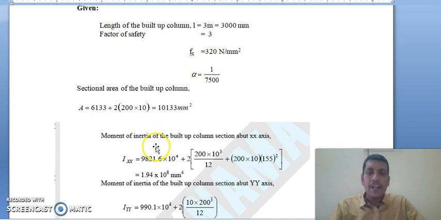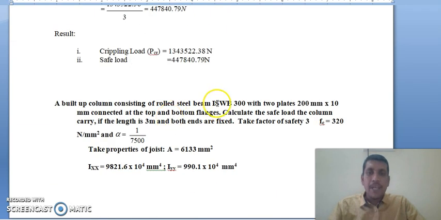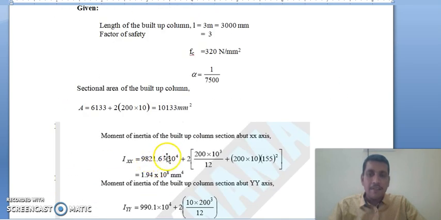So the moment of inertia of the built up column section about x-axis. First we are calculating about x-axis. This is the ISMB 300 value, that is Ixx is given. So I am substituting the value here plus 2 into BD cube by 12. B is 200, that is the plate, top and bottom plate, 2 times.